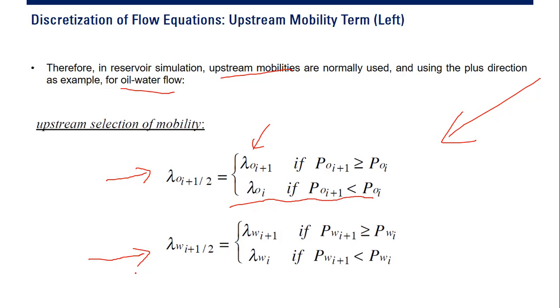Again, the mobility of water at grid I plus half will be equal to the mobility of water at I+1 if the water pressure at I+1 is equal to or greater than the water pressure at I, but it will be equal to the mobility of water at I if the pressure of water at I+1 is smaller than the pressure of water at I. Okay, so you can follow this in the simulation. This will be applied.